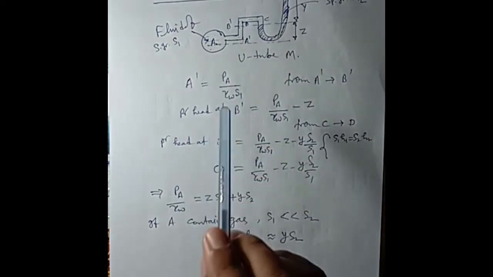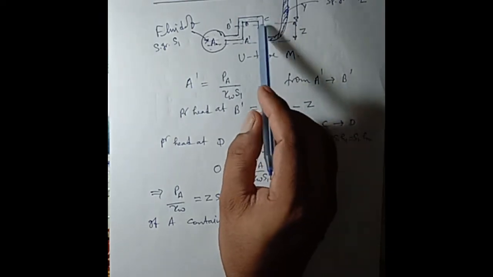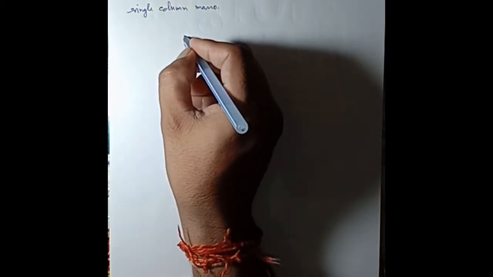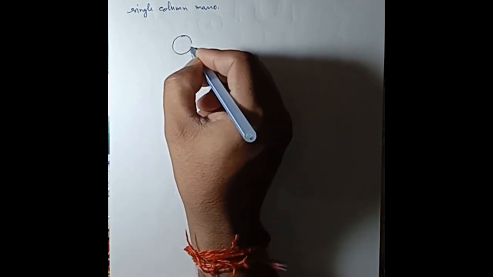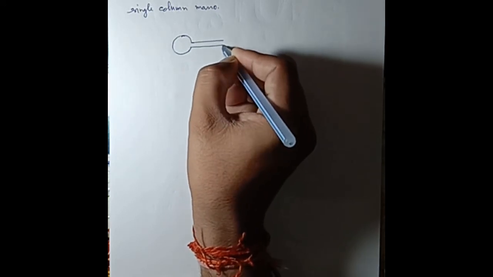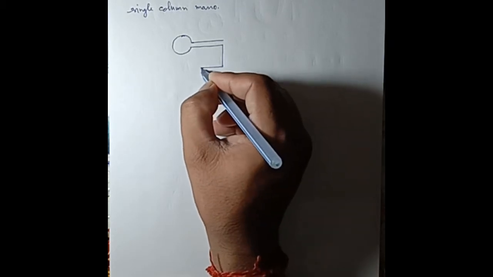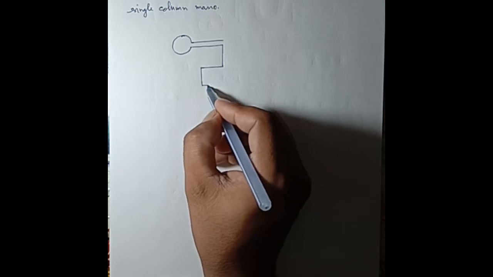But in the single column manometer, one container is inserted at that point. Now draw the single column manometer. This is the circular bulb, the container, and the narrow tube here, which is the major difference between the single column manometer and the U-tube manometer.